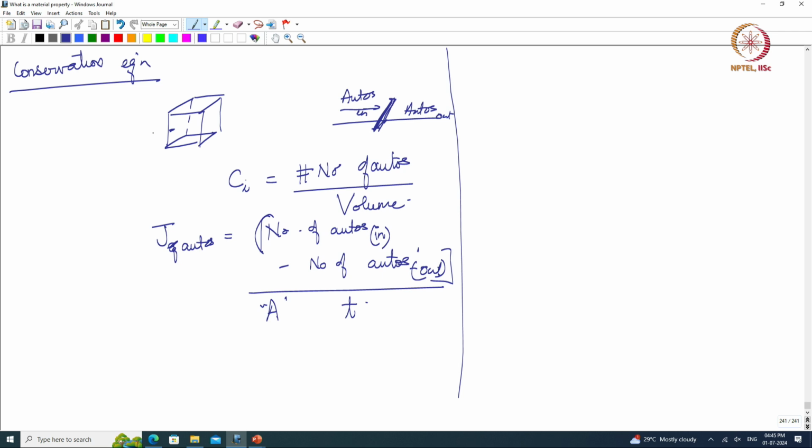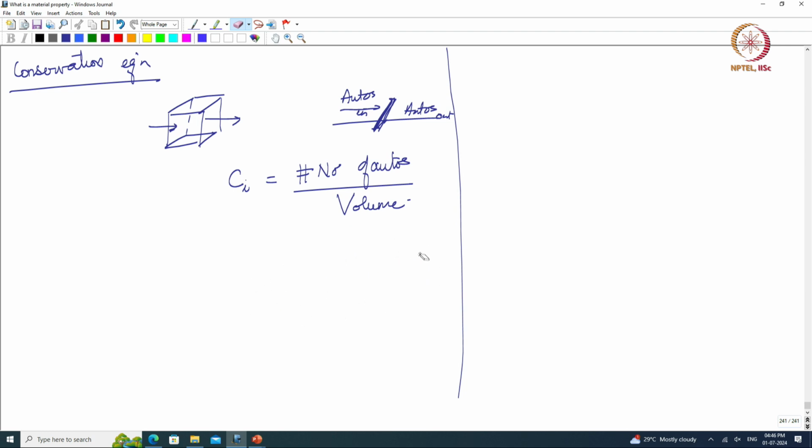So, what is the flux that is coming in, what is the flux that is going out, let us put it that way. So, the flux of autos coming in, J in, is the number of autos that are coming in through this face, right.